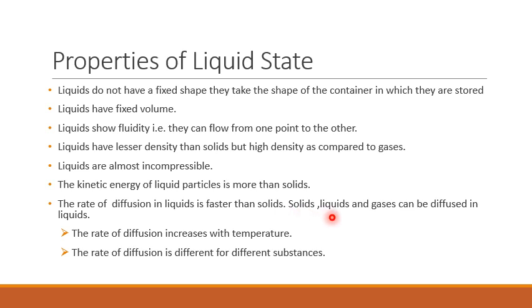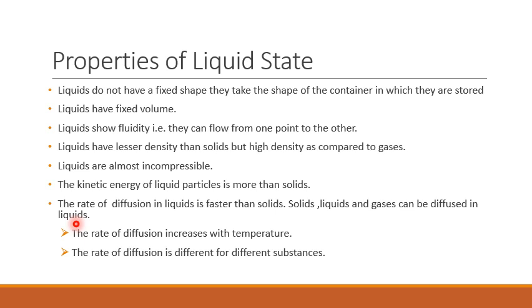And solids, liquids and gases can be diffused in liquids. Now just in the previous slide we have discussed what is diffusion, that is intermixing of one matter into other on its own. So in liquids, since there is a small gap between the particles, different matters can diffuse in it.